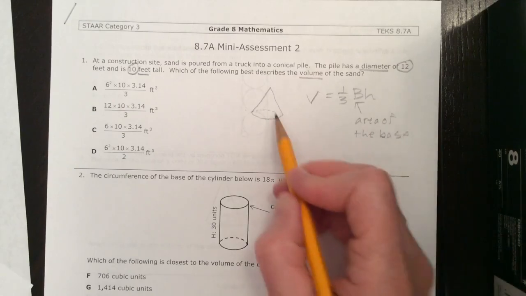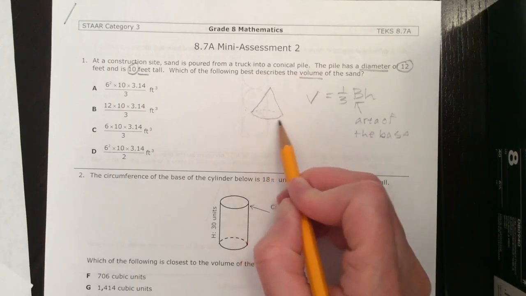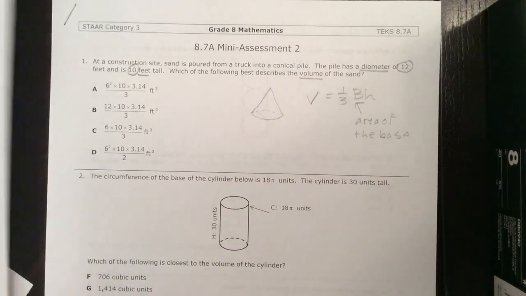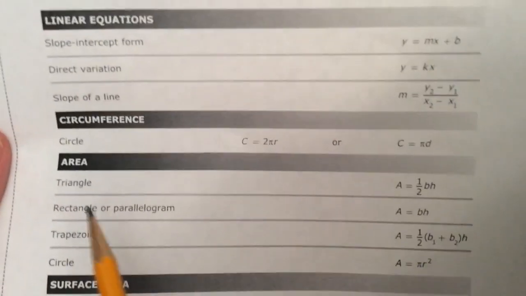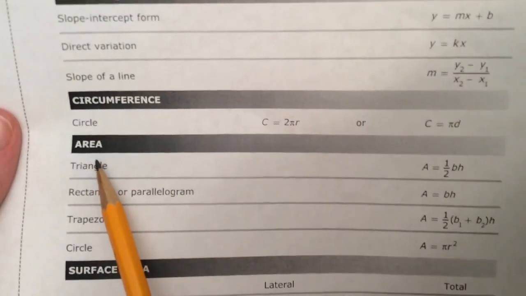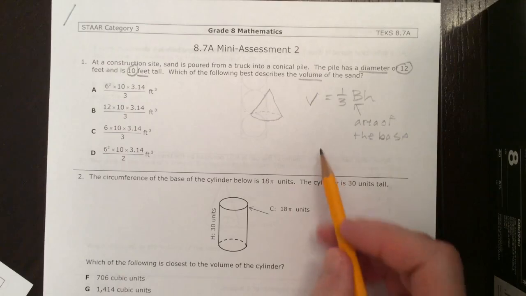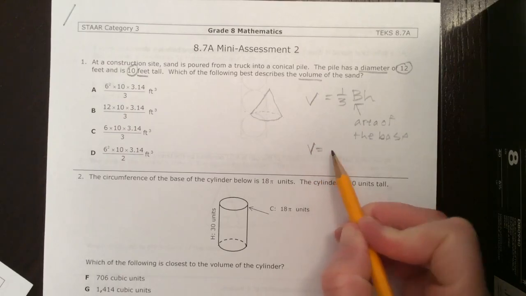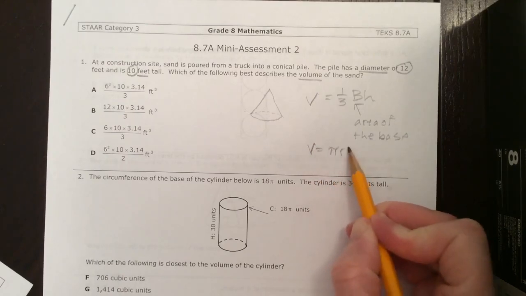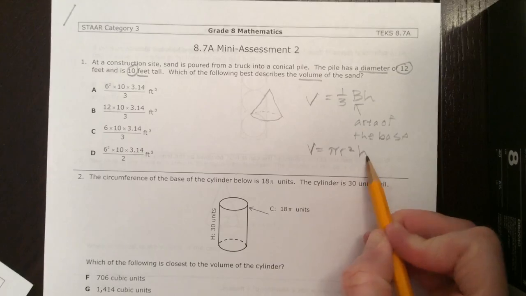Okay? And our base is a circle. It's the bottom of the cone. And on your formula chart, area of a circle, that formula is pi r squared. So let's rewrite this formula as V equals 1/3 pi r squared H.